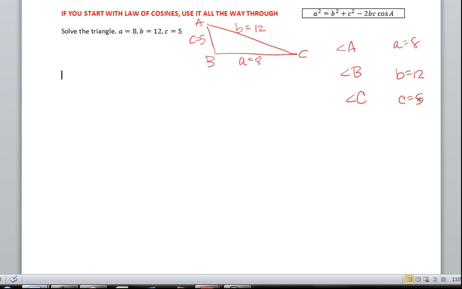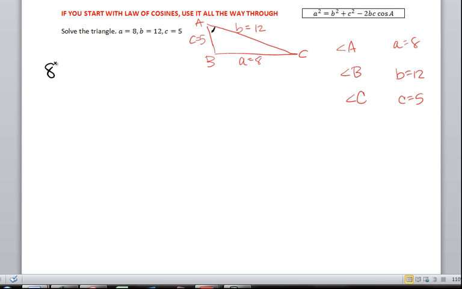Okay? So what we need to do is go through and find all our angles. So the first thing I'm going to do is start from the top and find angle A. This one right here. Basically, I know what the opposite side is and I know the two adjacent sides.